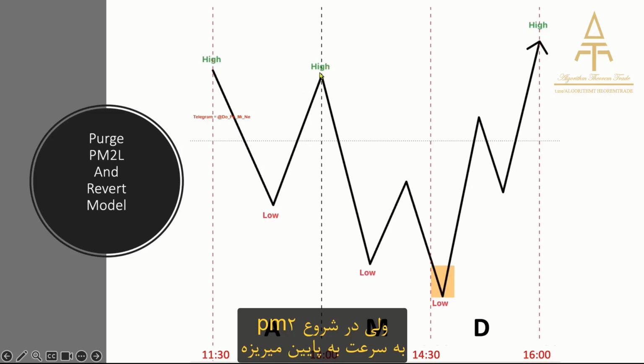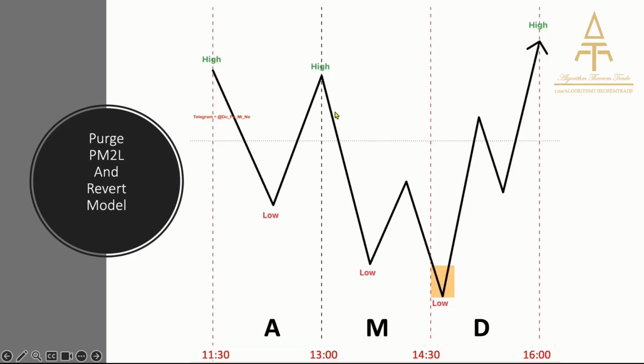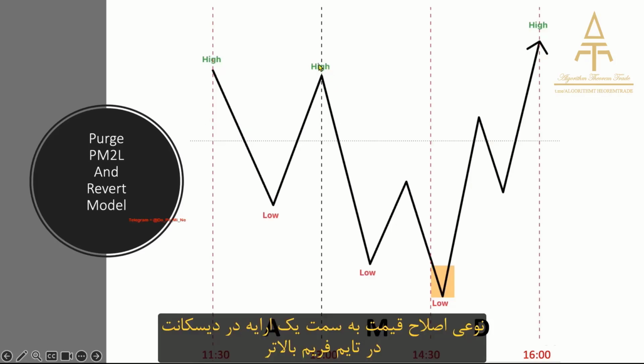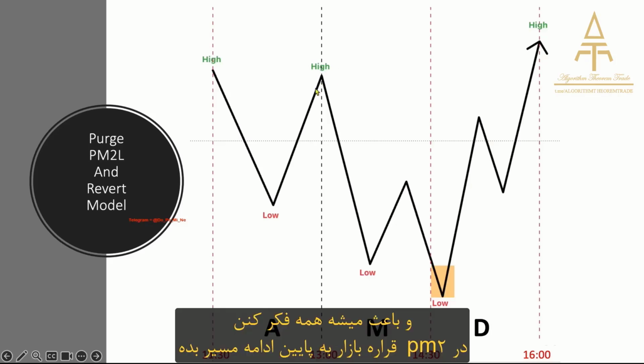The market sells off rapidly. It sells off aggressively. This selling off from the 1 PM opening is a retracement on a higher time frame into a discount array. This retracement engineers buy-side liquidity by trapping retail shorters into believing that the market is going to go lower during the PM session.